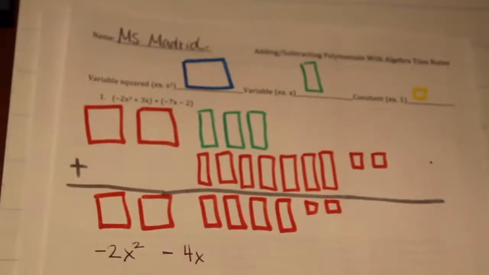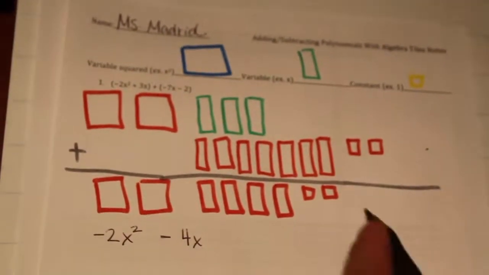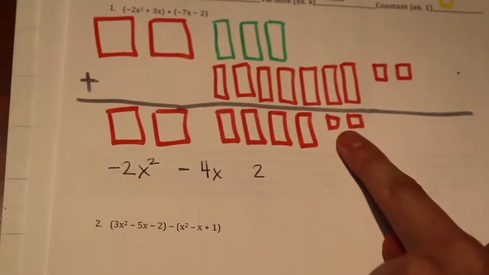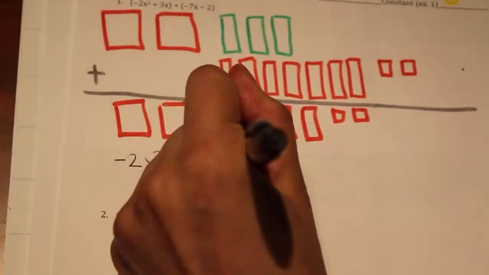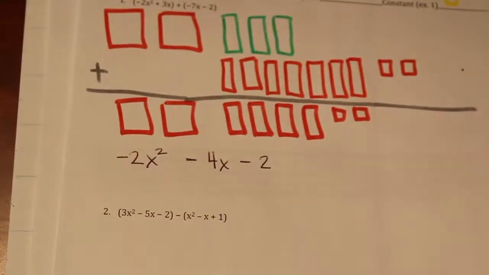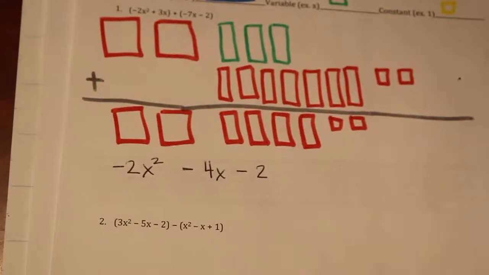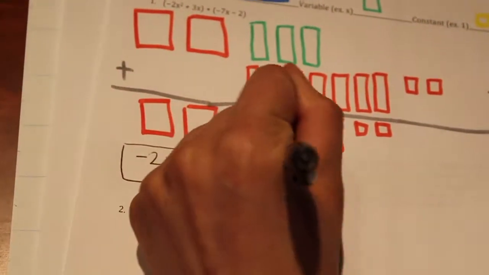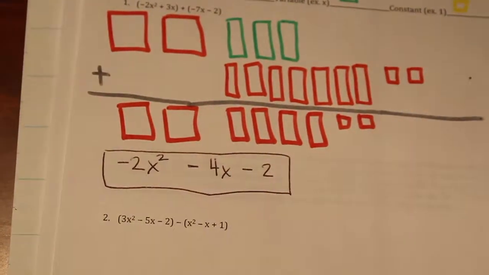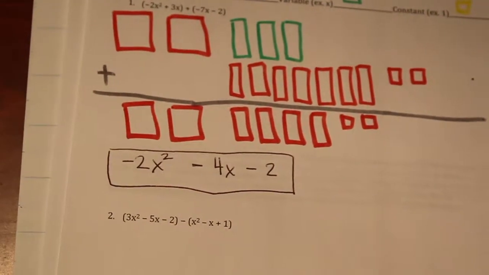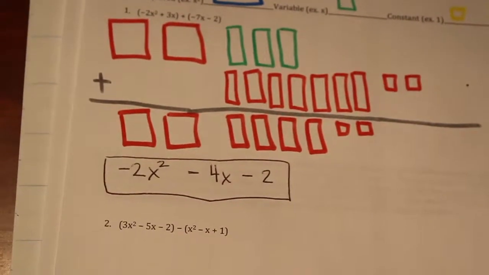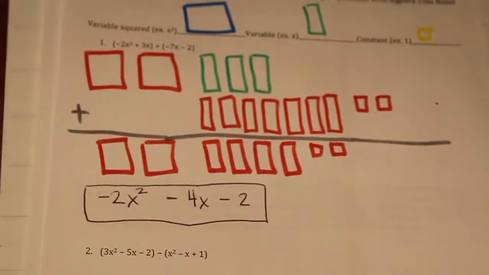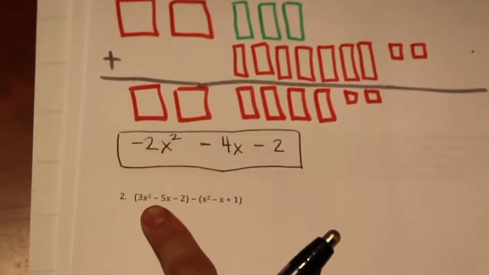And if there are 2, that is 2. But once again, because they are red, that means it's a negative 2. Now we just box in our answer. Any questions? Okay, let's look at our next problem.